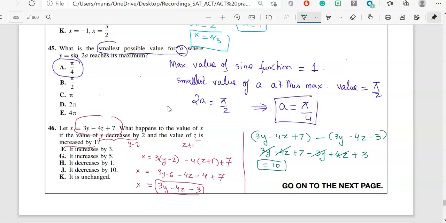Since the difference is positive 10, the original value was 10 more than the new value of x. So it dropped down, which means it decreases by 10.